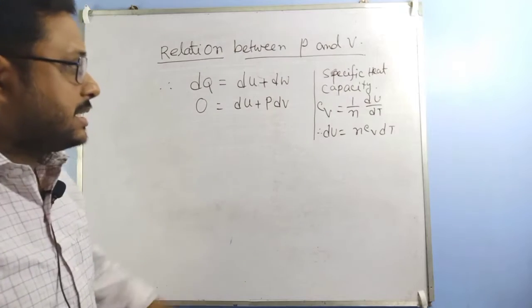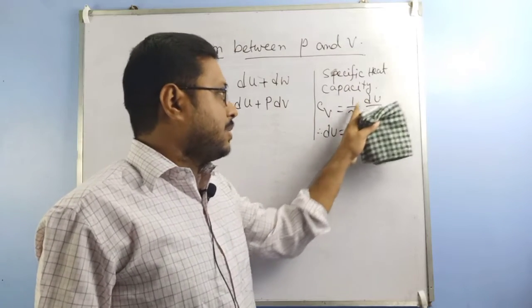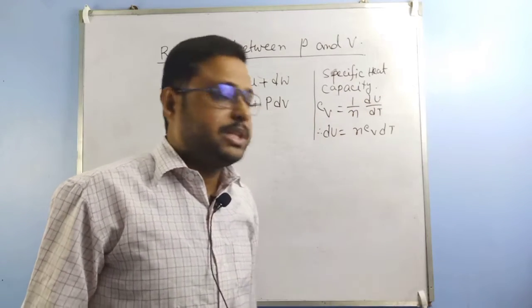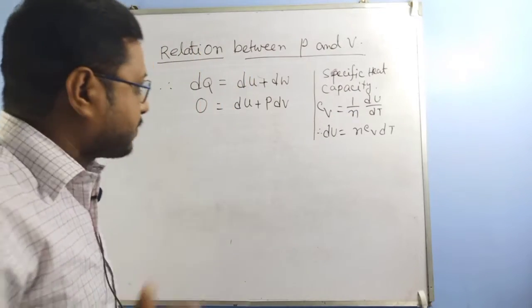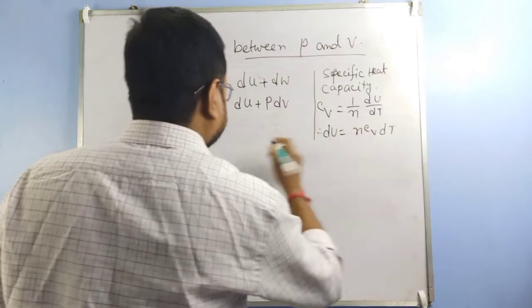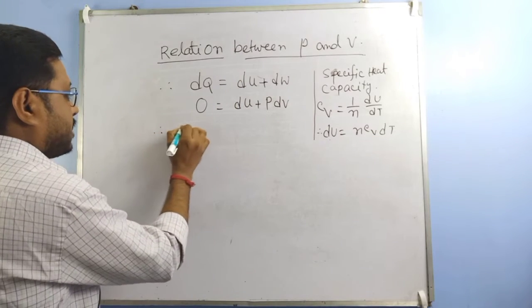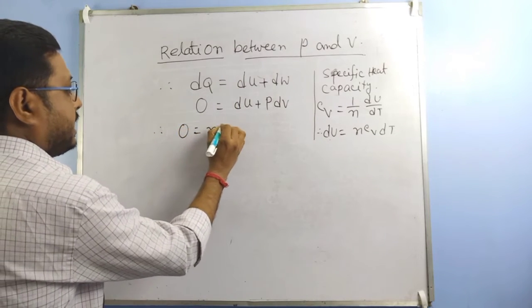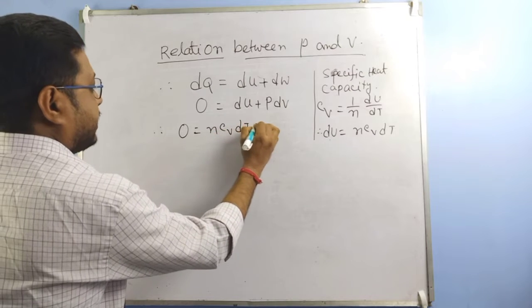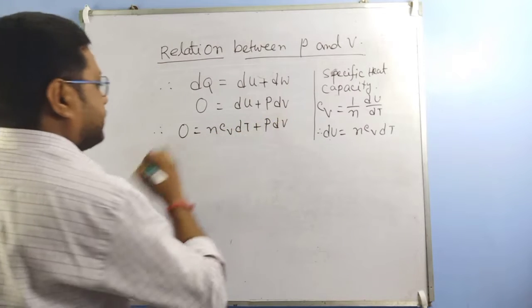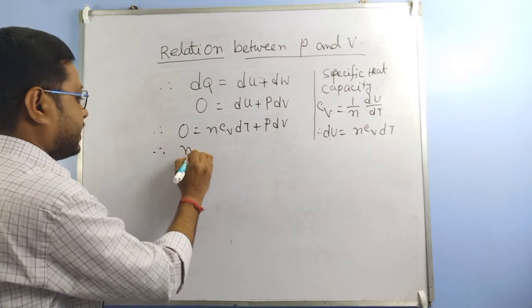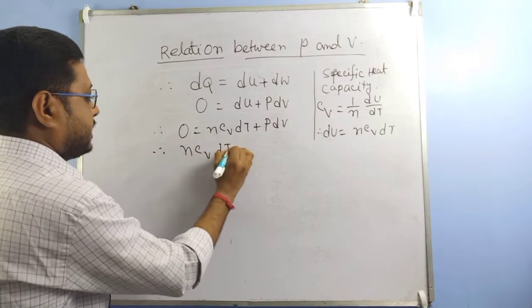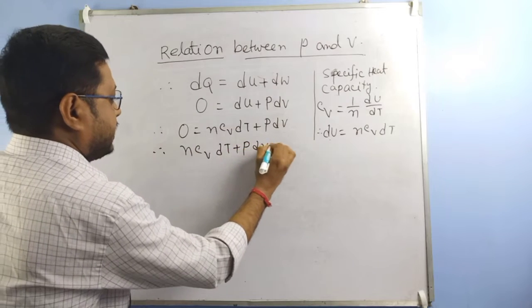For n mole of gas, specific heat capacity equals 1 by n dU/dT. The rate of change of internal energy with temperature is called specific heat. So we can get dU equal to n Cv dT. Put it in this value: 0 is equal to n Cv dT plus P dV. Or if we write it in this manner, n Cv dT plus P dV is equal to 0.